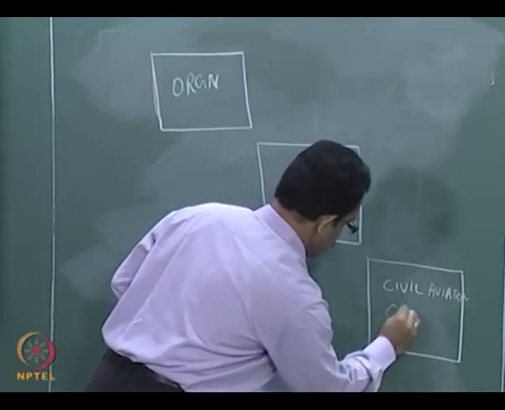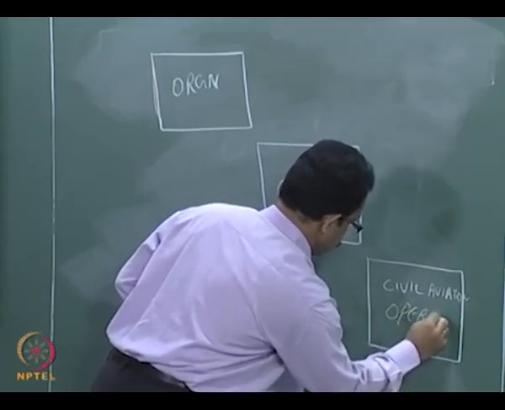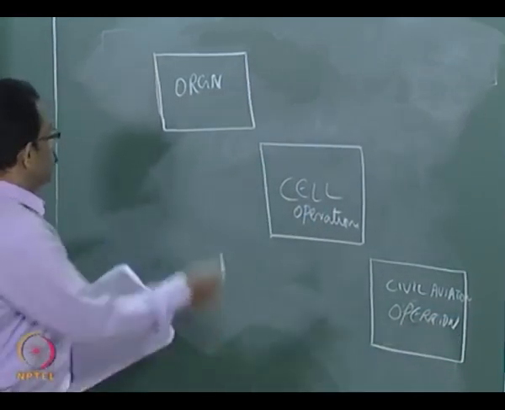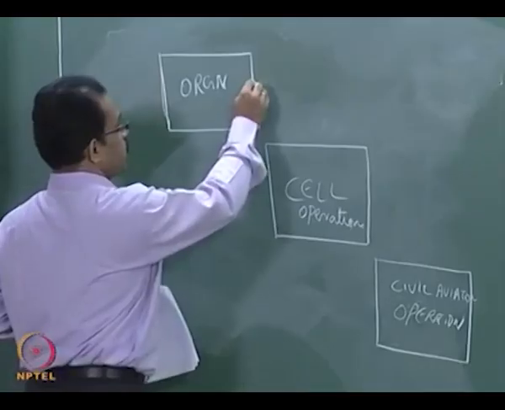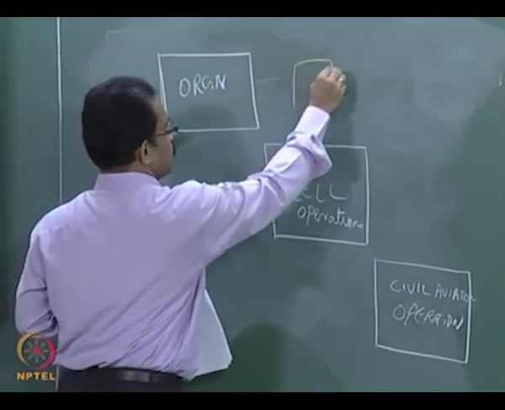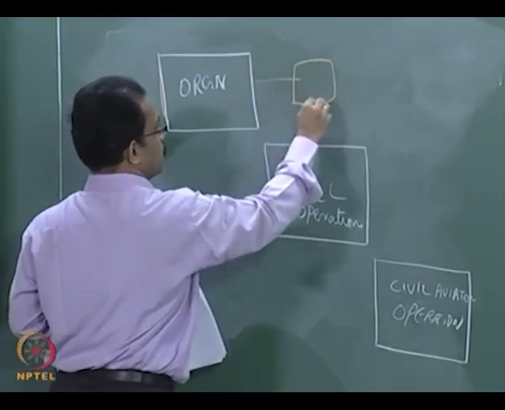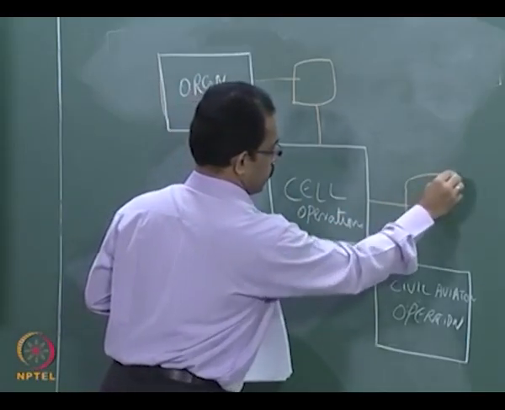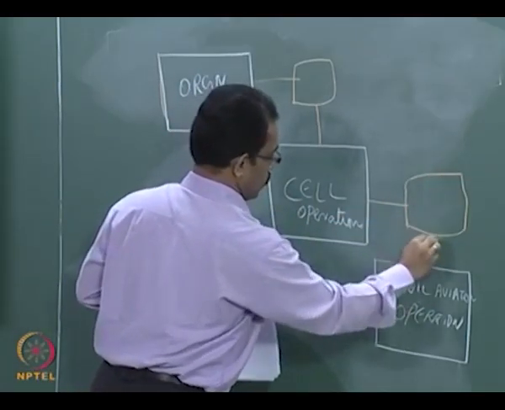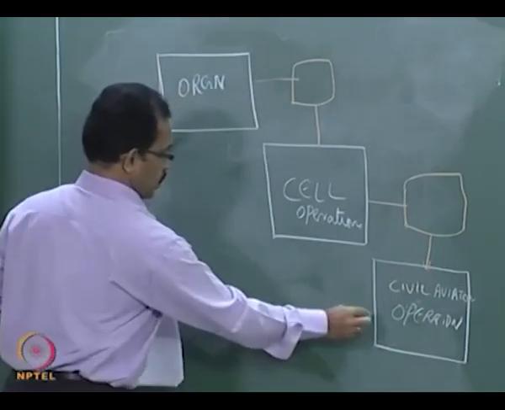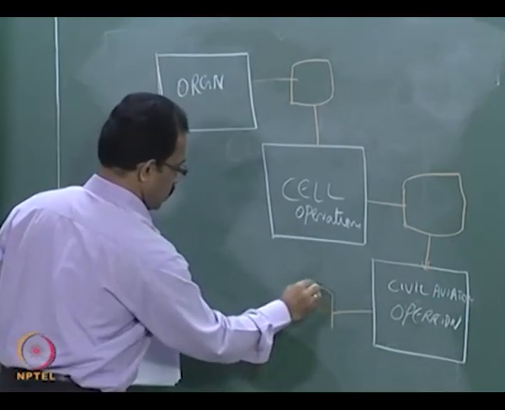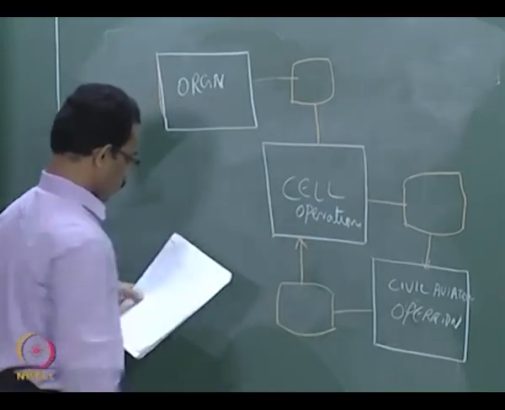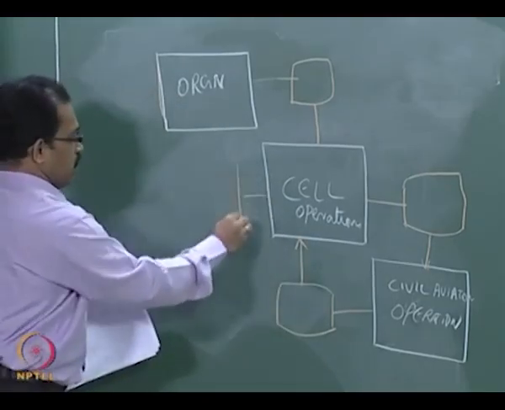I call it a civil aviation operation. From here there was a lot of interaction, and from here also interaction was there. And of course between these two functions there were interactions, and here there were interactions.